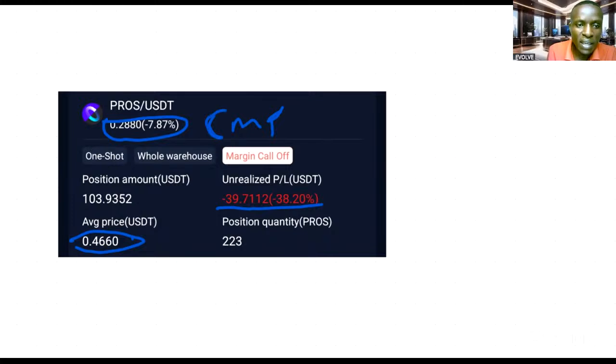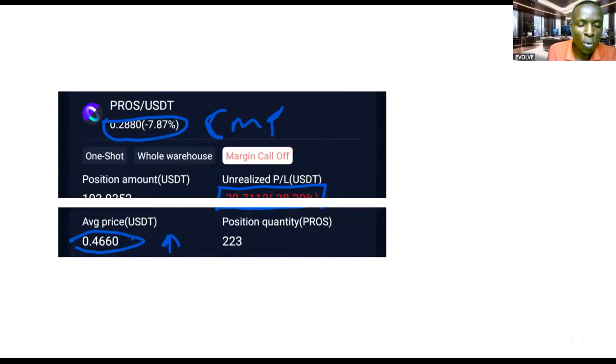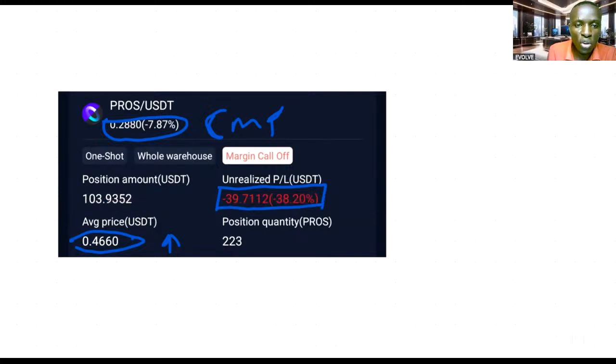And when the average price is higher than the current market price, it means your coins are expensive at the market at that moment, and so you are going to see a negative unrealized P/L, or floating profit/loss.